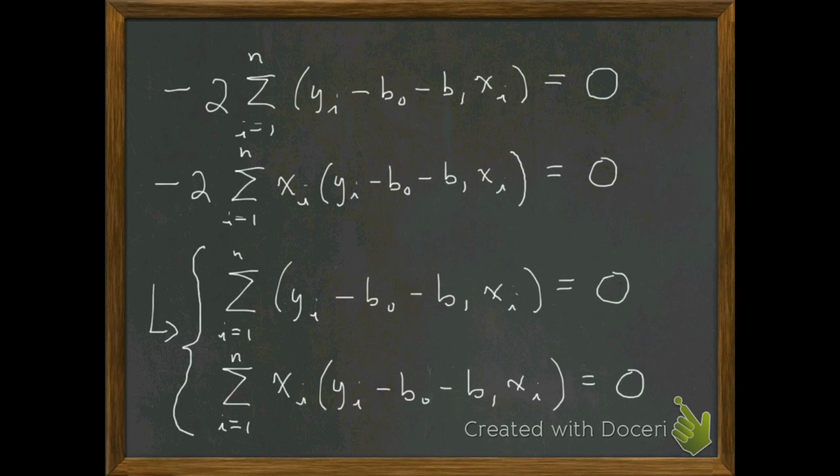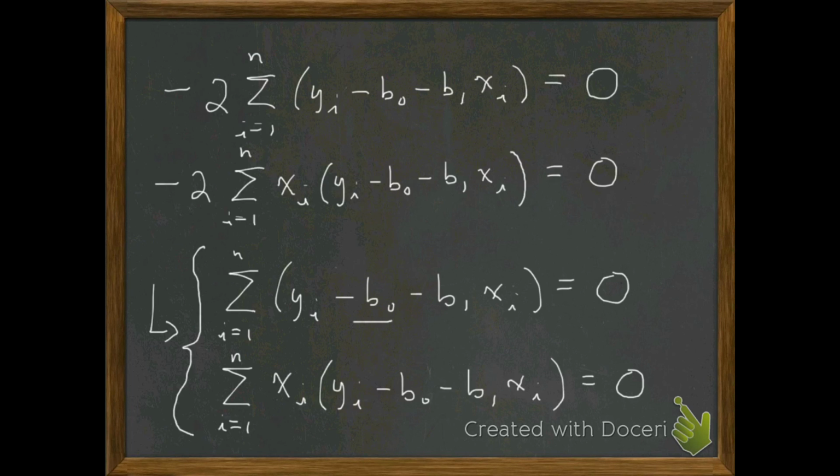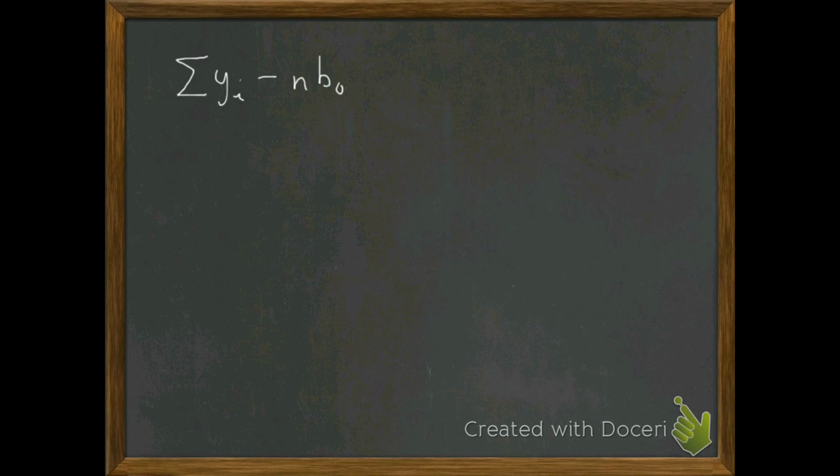Okay, so this term right here, we're going to have b0, b0, b0 n times, so it'll be negative n b0. And this term right here will have b1, b1, b1 sum x. So we can write that as negative b1 sum x of i is equal to 0.